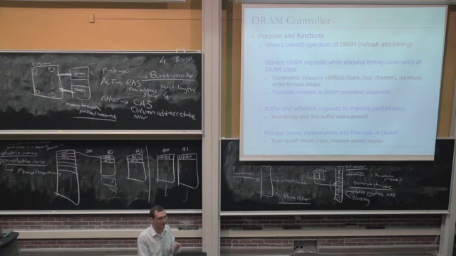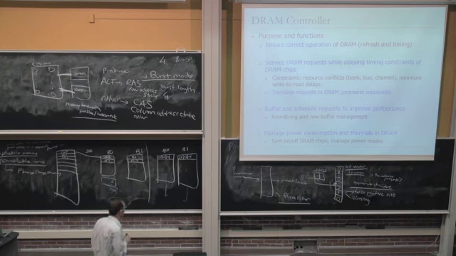So the DRAM controller should not send multiple commands to DRAM at the same time, because some of the behavior of DRAM is unspecified if you actually do multiple activates at the same time. It's not clear what happens. So there's a DRAM protocol that's obeyed by the controller and the manufacturer to ensure correct operation. And the DRAM controller needs to obey that.